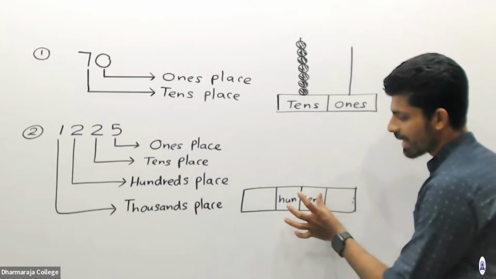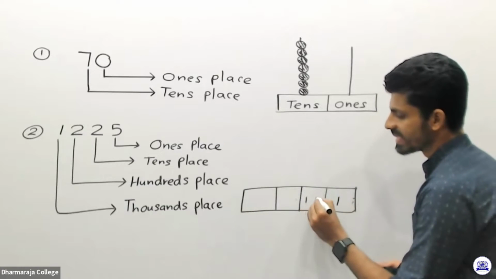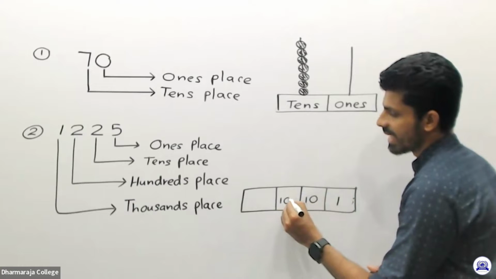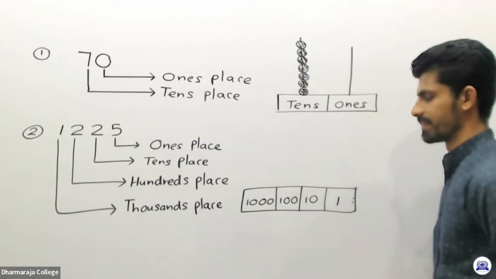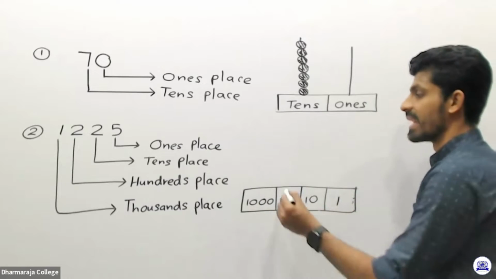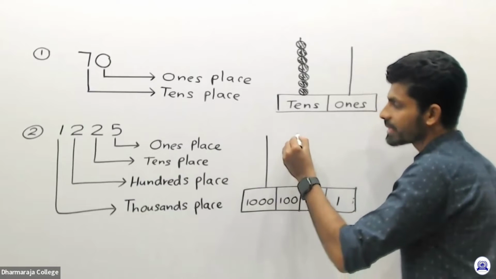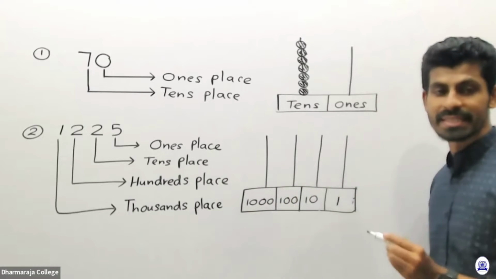I will mention the numbers: ones, tens, hundreds, and thousands. Then you can show that value in the abacus. Very easy, right?